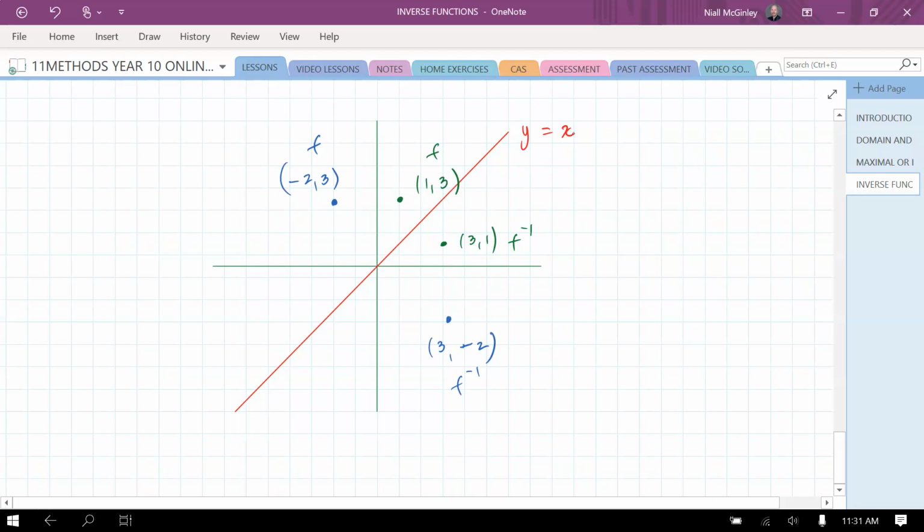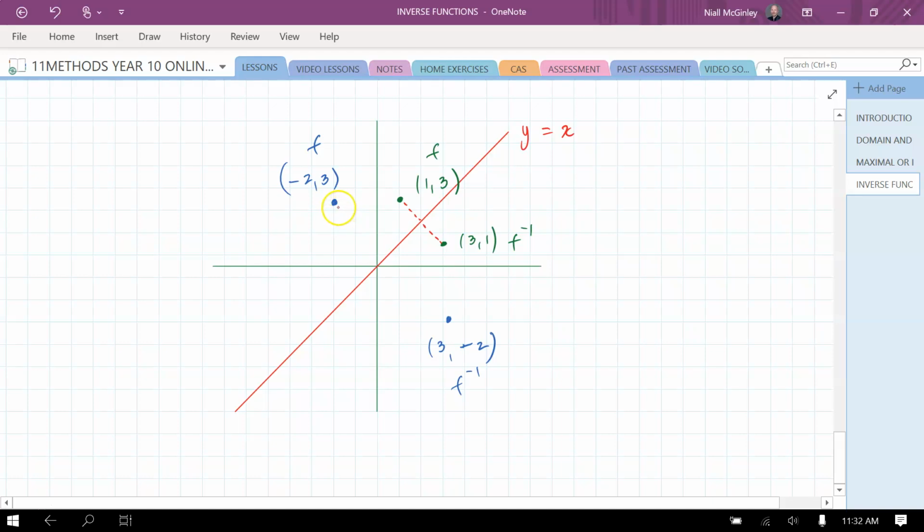Now what actually happens when you have an inverse function is that the line y equals x will act as a mirror. So in actual fact, when we had this point (1, 3) here, it's reflected in this mirror y equals x to the point (3, 1).